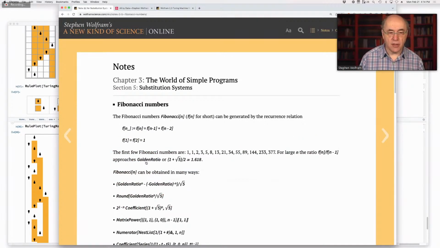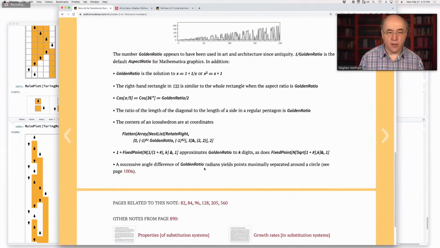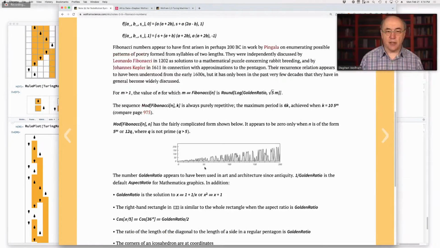I'm talking about Fibonacci numbers here, where there were actually all kinds of strange things in the notes to the NKS book. There's much to be found, like mod of Fibonacci of n, comma n is something where it appears to be 0 only when n is of the form 5 to the m or 12q, where q is not prime.